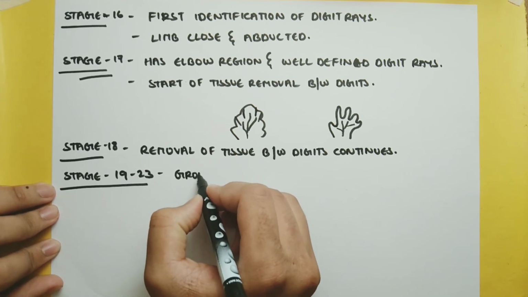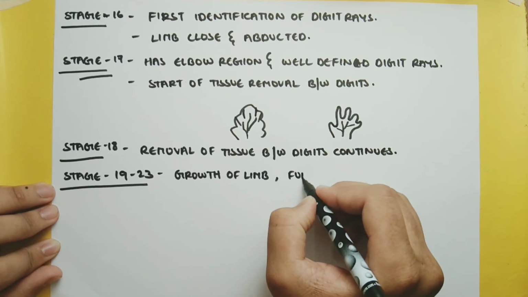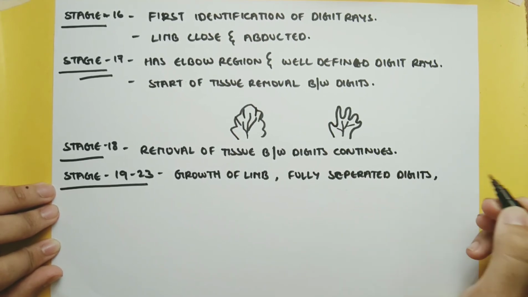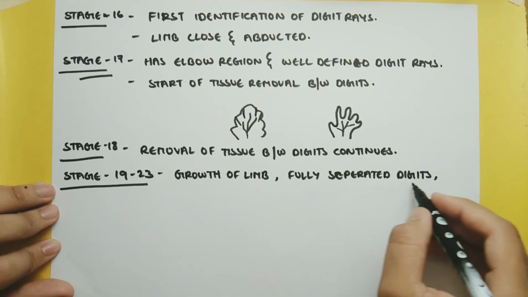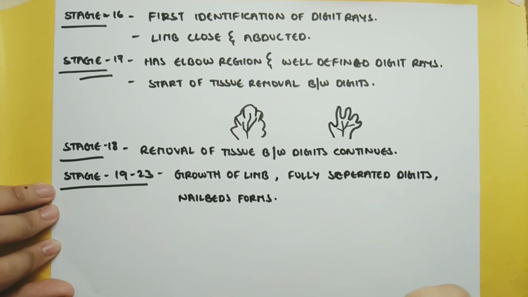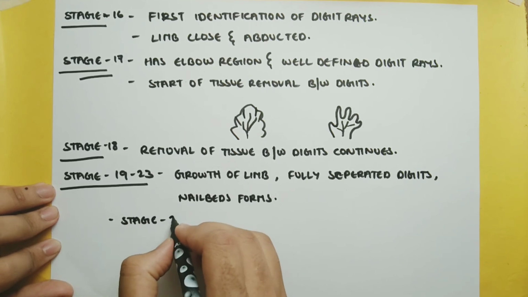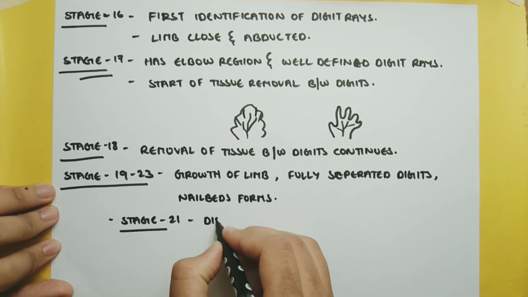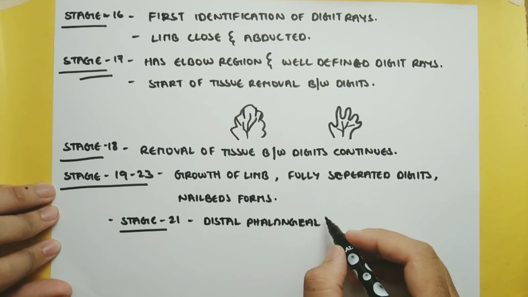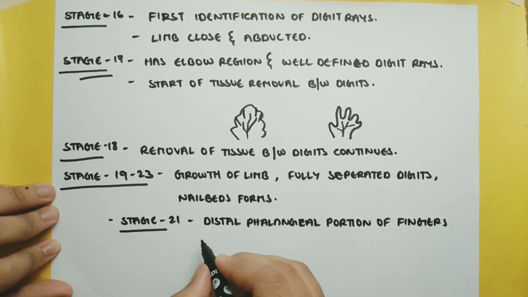The growth of the limb takes place and fully separated digits are seen, especially in the stage 21, the distal phalangeal portion of fingers becomes enlarged.